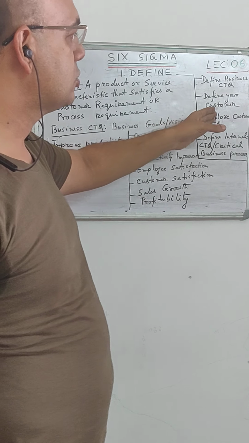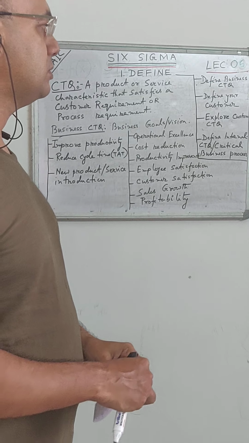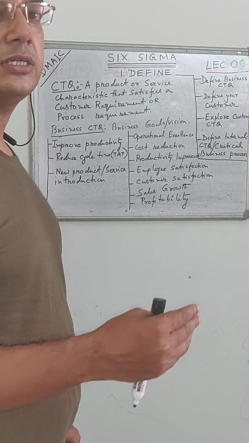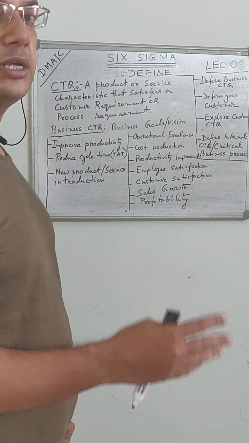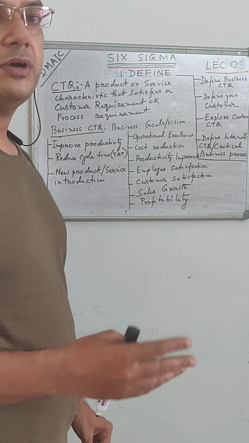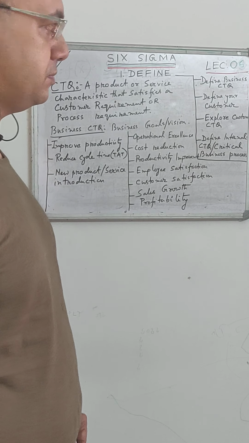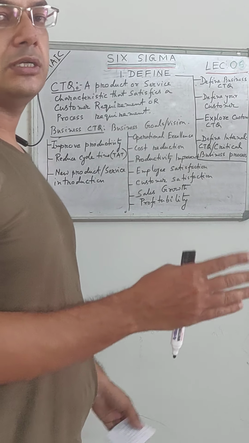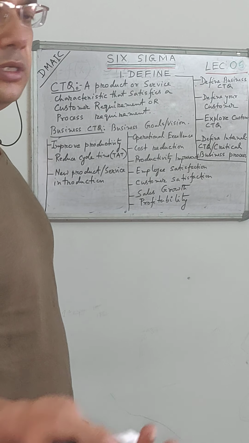Then define your customer. Before finalizing a Six Sigma project, we will have to define our customer, whether they are external customer or internal customer. Internal customer means if I have, let's say, 10 departments in our factory, each department's output is the input of another department.